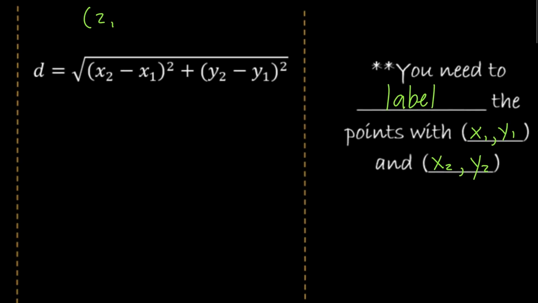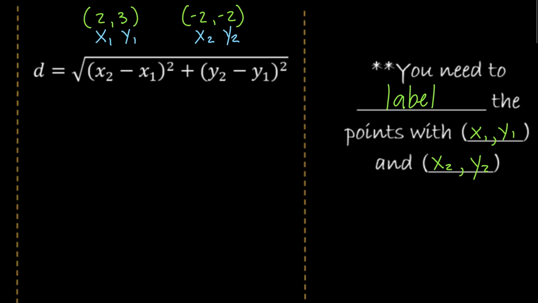So what were they? 2, 3, and -2, -2. That 2 on our first point, what does that value represent? x1. What about that 3? What is that? y1, right? Points always go x, y. That -2 in front of the second point is the x2, and the second -2 is our y2.